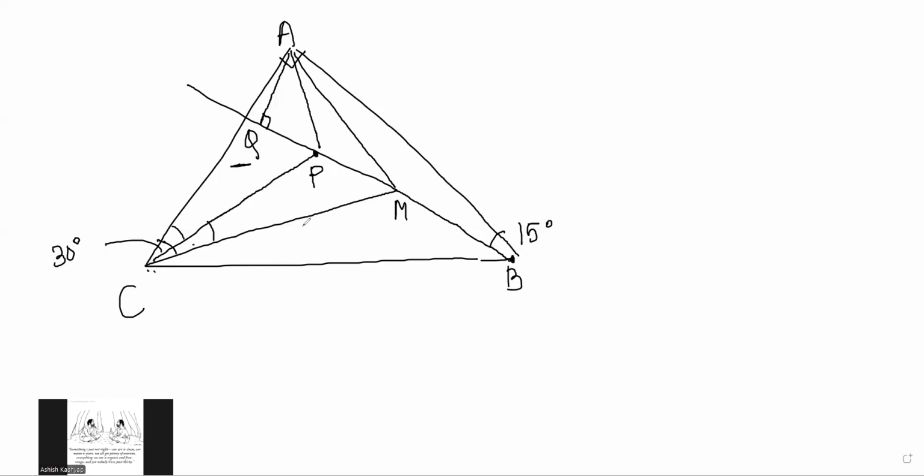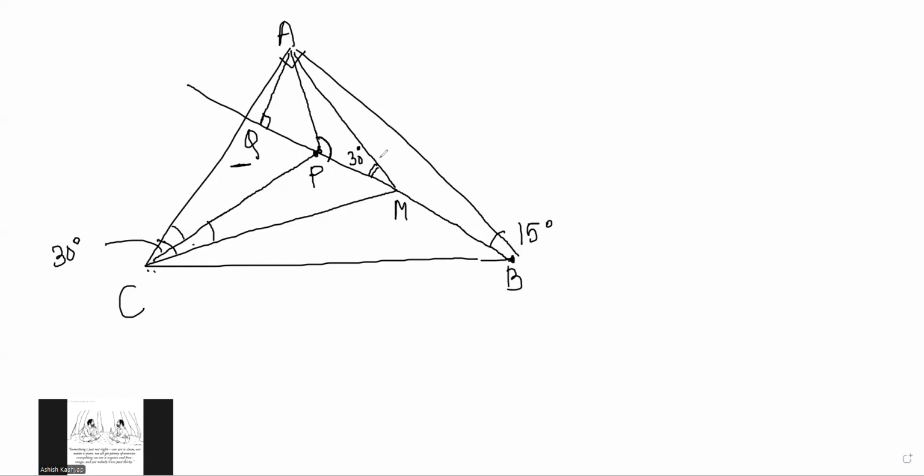So now look at it. We have already found out many angles. We have found out angle AM. This angle we can find out. We have already shown that APM was isosceles, by the way, right? We know this is 30, right? Remember from the previous part.